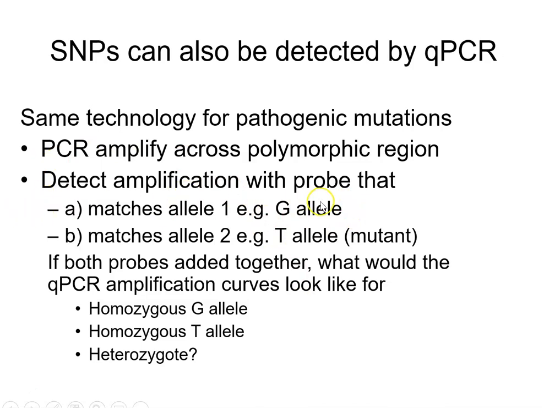So we create PCR primers that amplify across the polymorphic or the mutation region, and then design a probe that matches either the normal wild-type allele or the mutant allele. It could be a G wild-type, it could be a T mutant. And then perform amplification and see which probes bind to the amplified DNA, and that will give you your genotype.